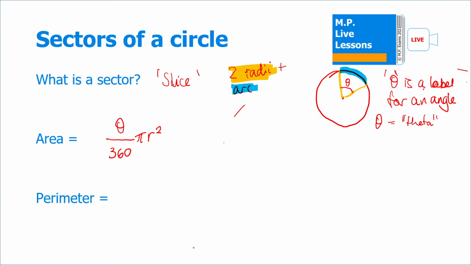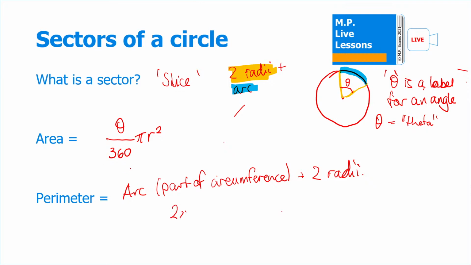Whereas the perimeter is the arc, which is part of the circumference, plus the 2 radii. So the arc would be part of the circumference. The circumference is 2 pi r. Then you'll just have that times the angle over 360. So that's a portion of the circumference, plus the 2 radii, 2r. And don't forget this, this is most forgotten.